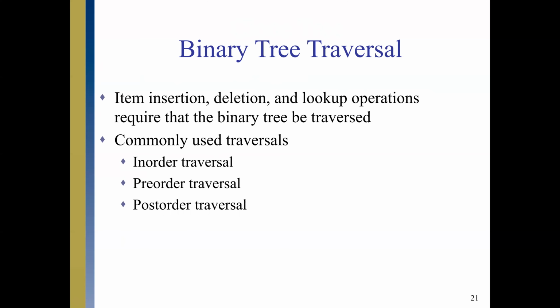If I want to take anything, I have to start from the front. In a binary tree, we have different ways of traversing through the tree structure. The most common ways are in-order, pre-order, and also post-order. We also have level order, which we will explain.